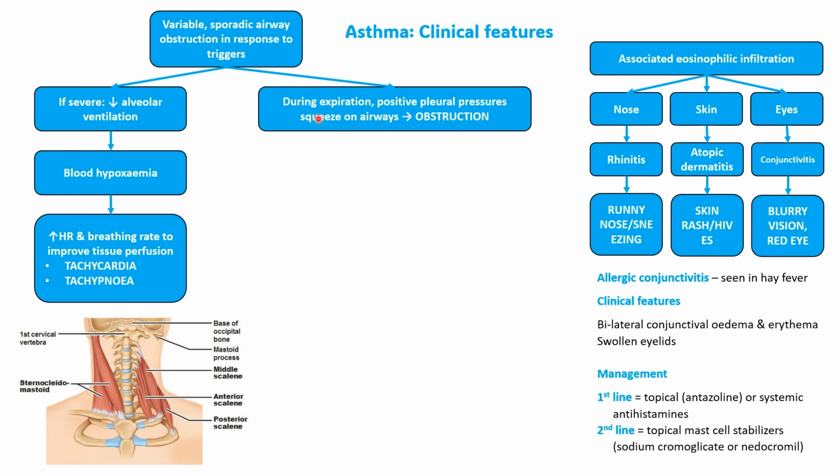During expiration, positive pleural pressures squeeze on the airways, leading to airway obstruction. Particularly during forced expiration, when we think about exercise as being one of the triggers of asthma, the intrapleural pressure can become positive relative to the pressure within the alveoli and airways, hence causing that airway collapse, because the intrapleural pressure should never exceed the intra-alveolar pressure.